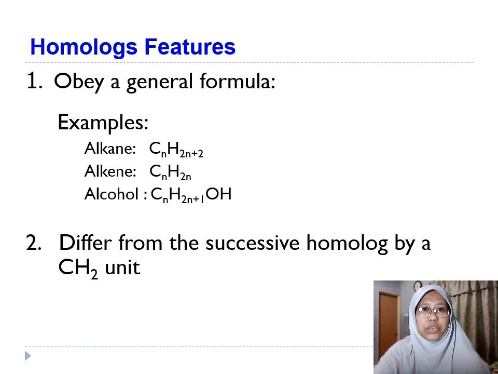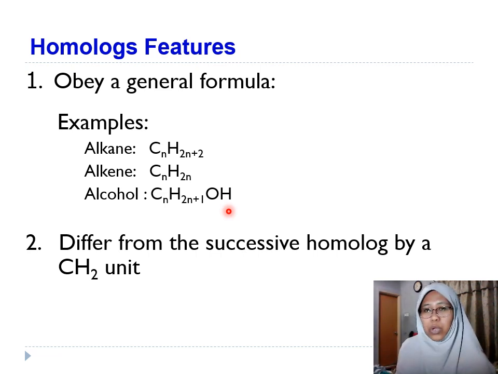Homologs obey a general formula. For alkane, for example, the general formula would be CnH2n+2. Alcohol, CnH2n+1OH. This OH is the group of atoms that belongs to alcohol.